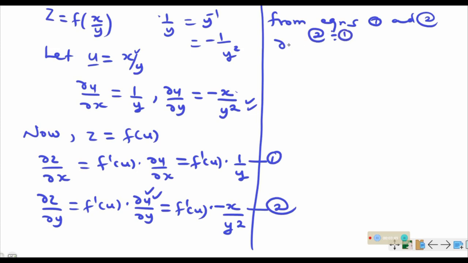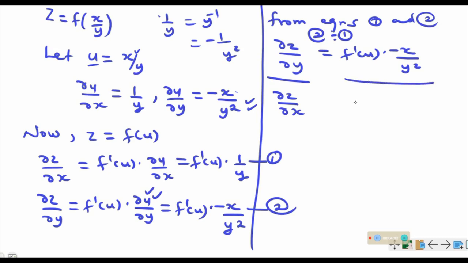So we shall have del z del y, which is equal to f derivative of u times negative x upon y squared. We are dividing this by del z del x, which is f derivative of u times 1 upon y.